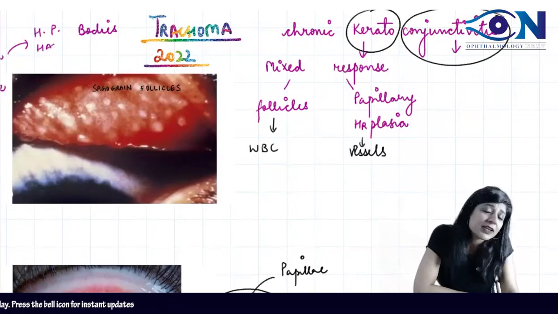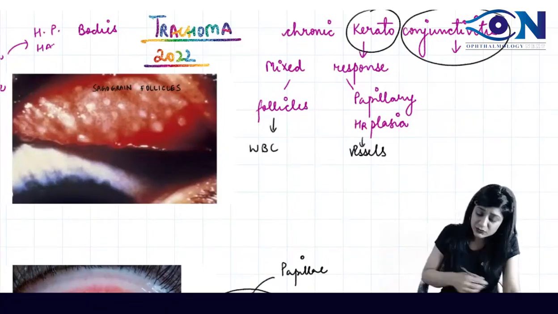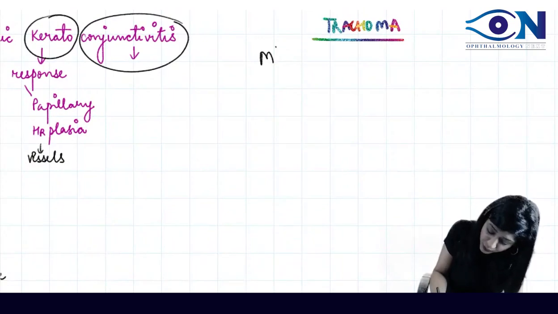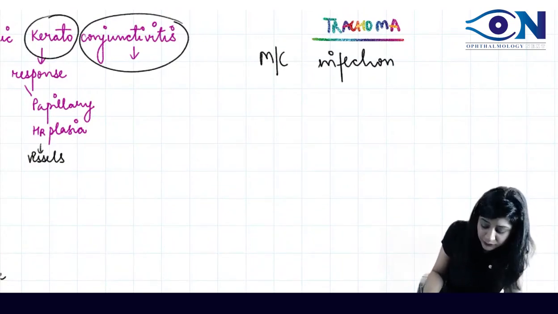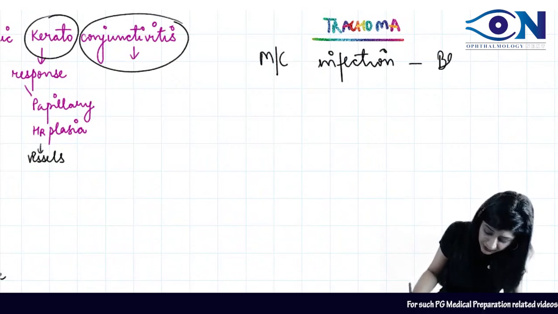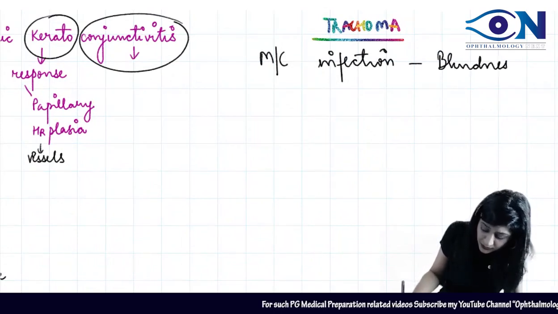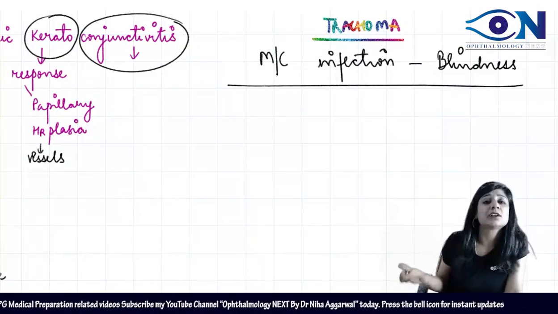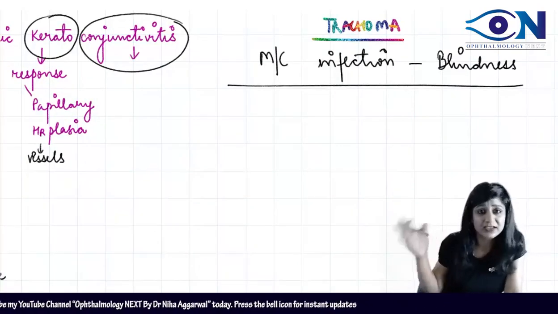Now, why is trachoma so important? Because trachoma is the most common infection in India which is causing blindness. So we are covering the images along with the questions that have been asked and that can be asked.